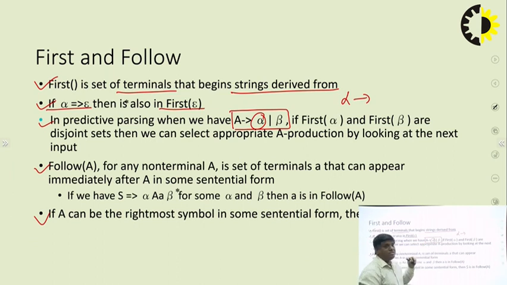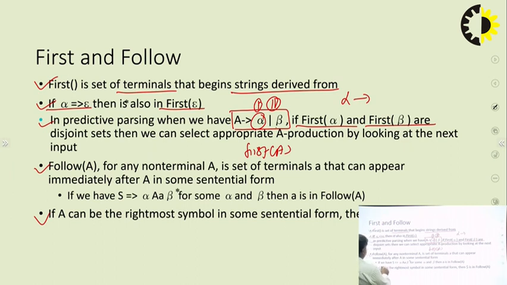If alpha is a non-terminal, then the first of alpha is known as the first of A. Then it is the first of B. If any non-terminal has two production rules, rule 1 and rule 2, then the first of this production rule union the first of the other production rule is also known as the first of A.